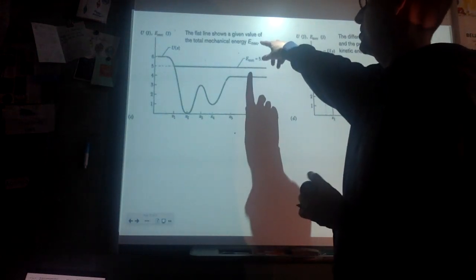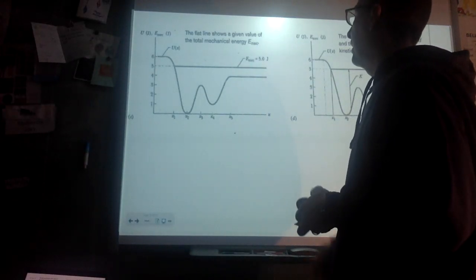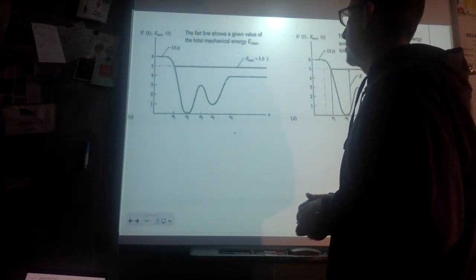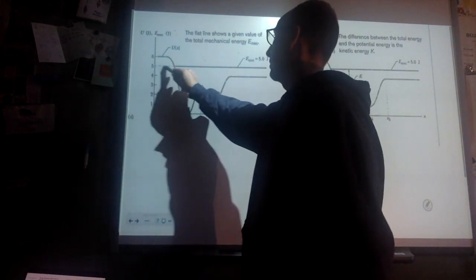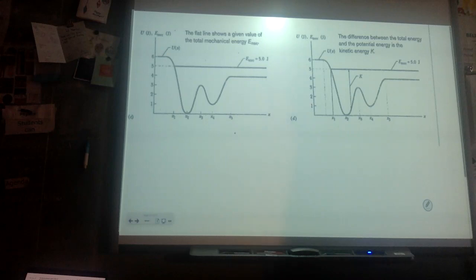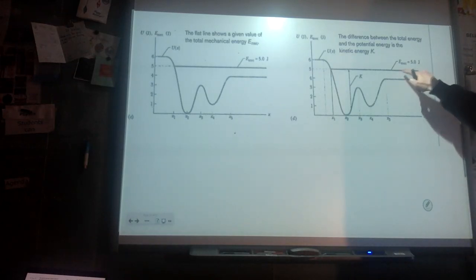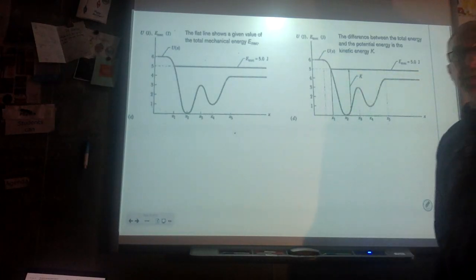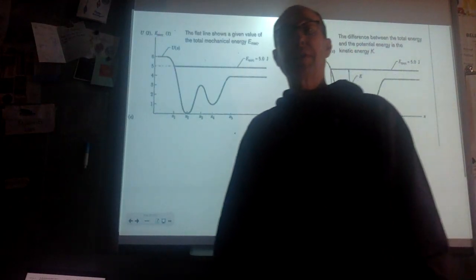So they're saying that if they had a flat line, it's going to give us a total mechanical energy equal to this 5 joules. And then just like I did at all the different positions, if I take what this is minus where you are, the kinetic energy has to make up the difference.